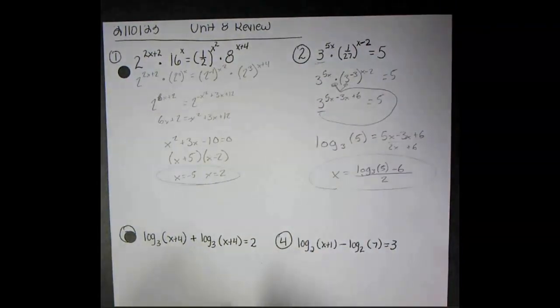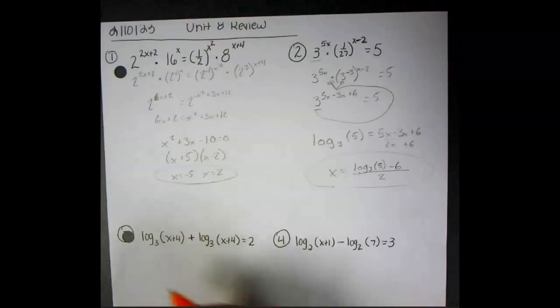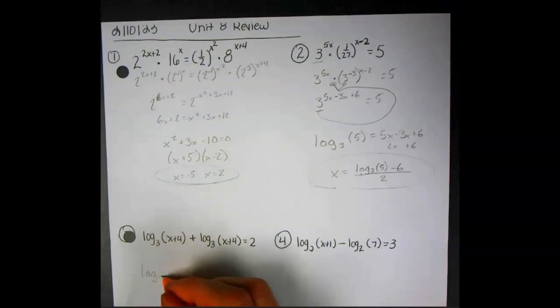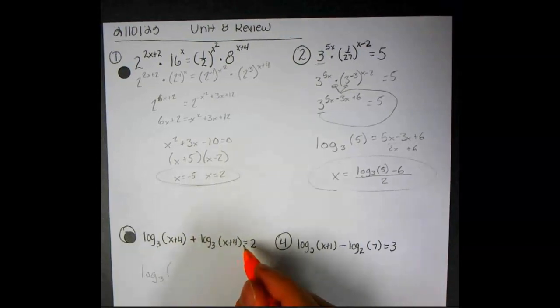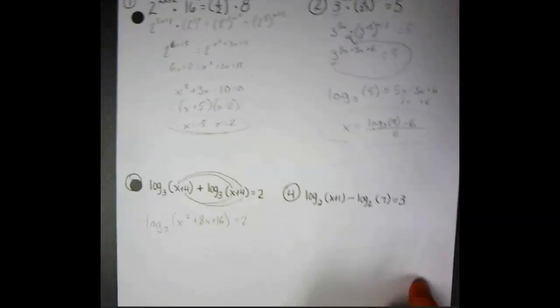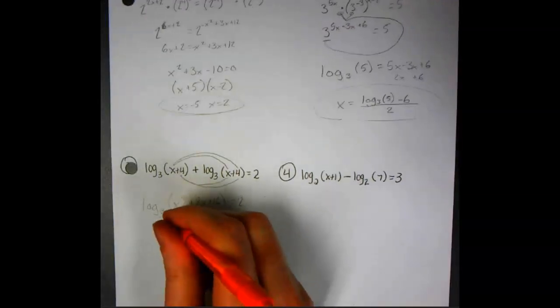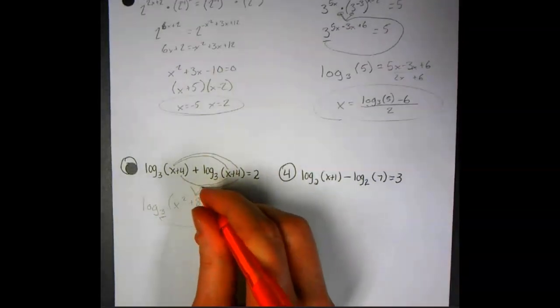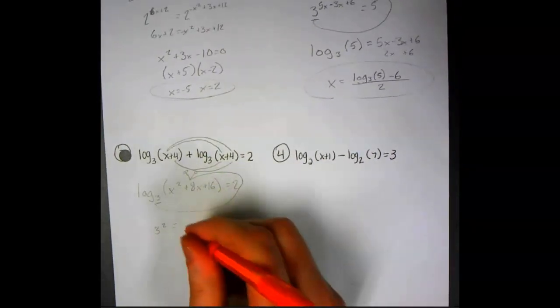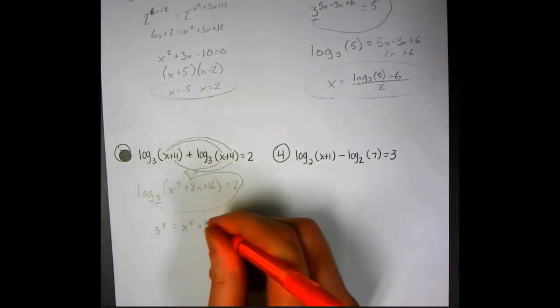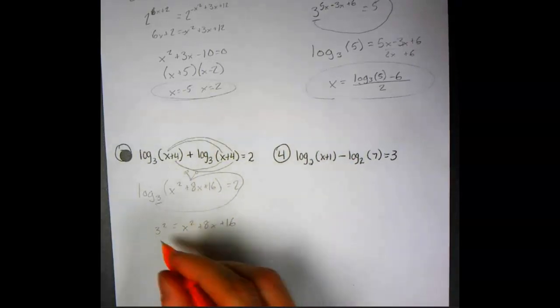For the third problem, that's the addition property, so we are going to keep the log base 3 the same, and we'll have the (x + 4) times the (x + 4). Afterwards, you will do your log snail. You'll have 3 squared equals x squared plus 8x plus 16.